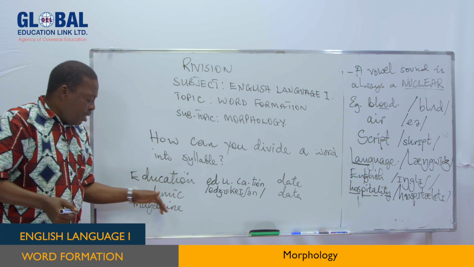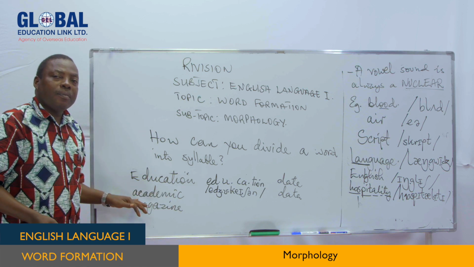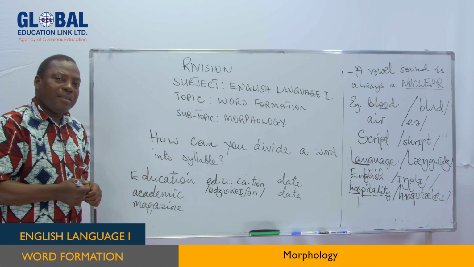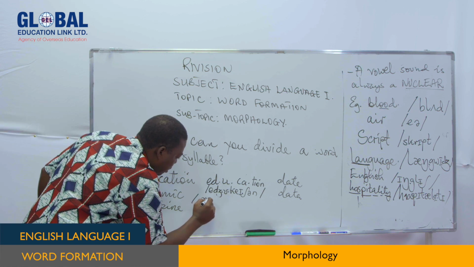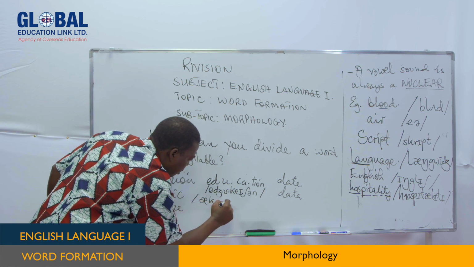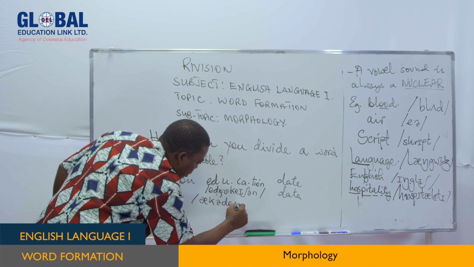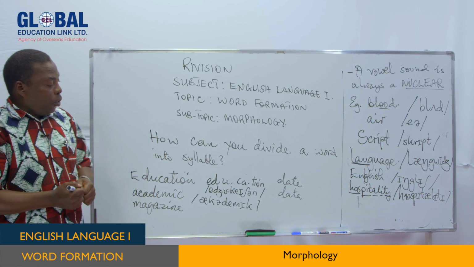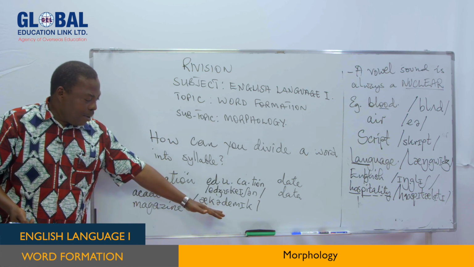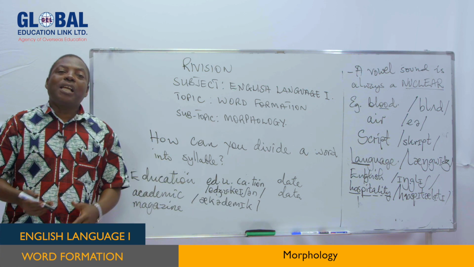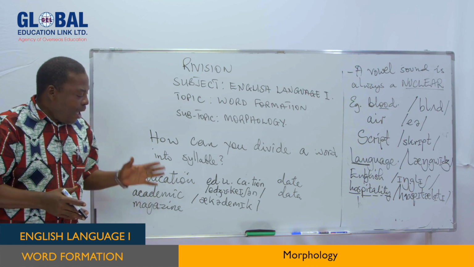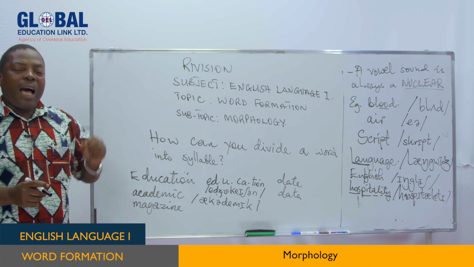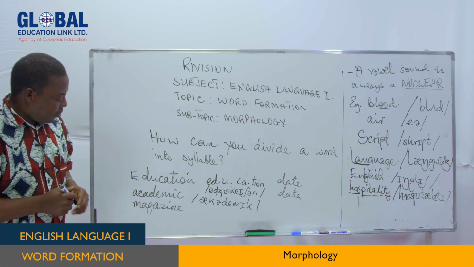Think about the following word. How do you divide it? I may help you to pronounce the word, but where do you make its syllabic division? Academic. It is academic.